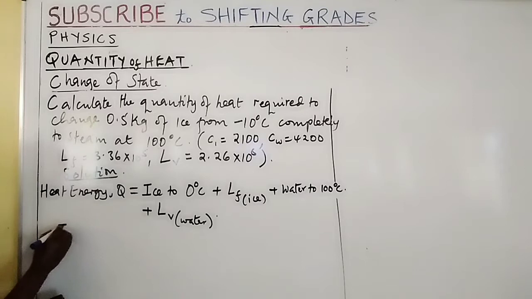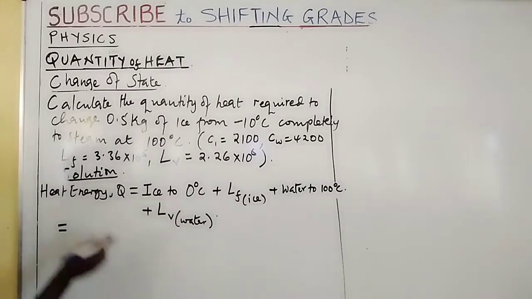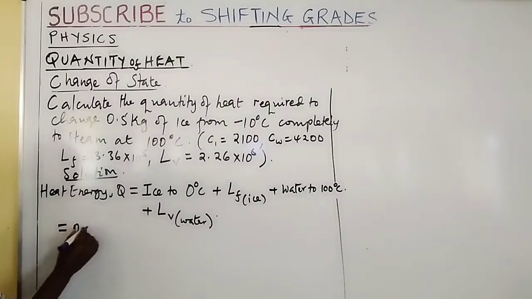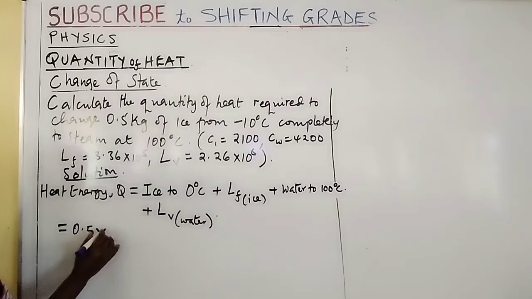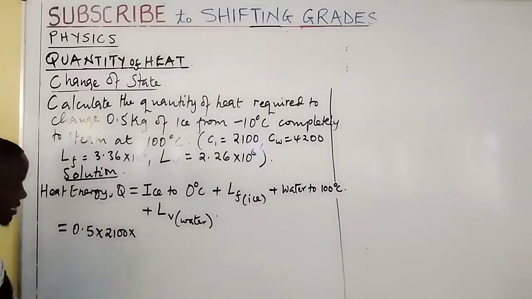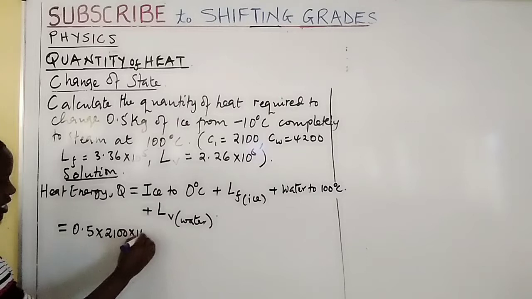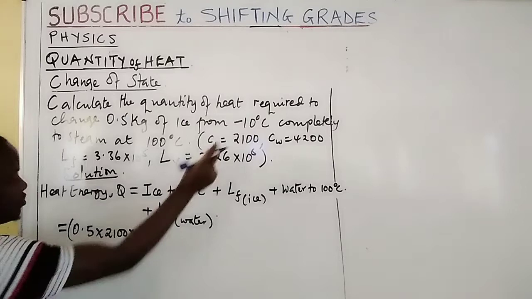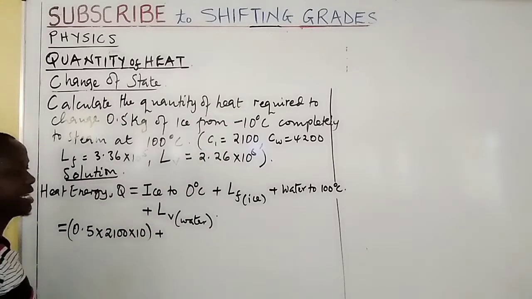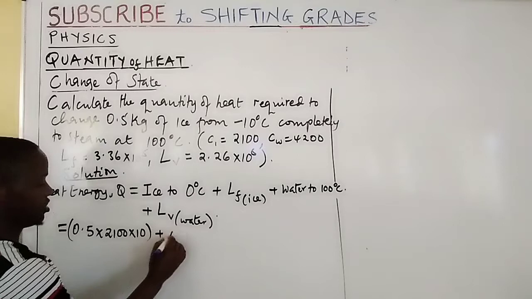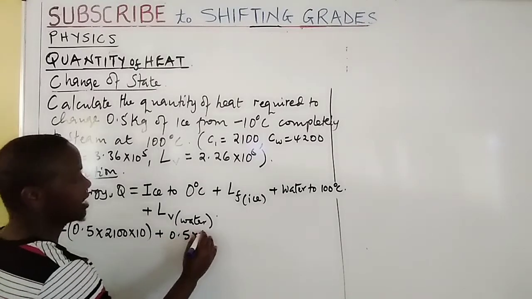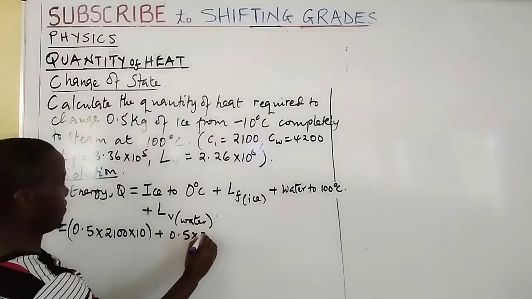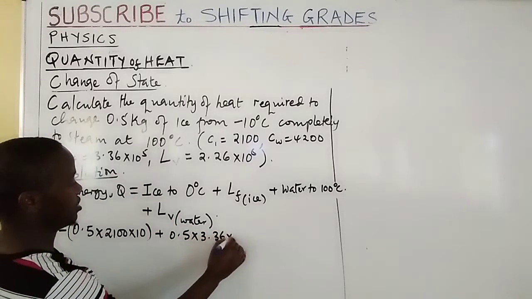Therefore, the total heat energy, to change ice from -10 to 0, will be 0.5 times the specific heat capacity of ice, 2100, times the change in temperature, which is 10, from -10 to 0, plus the latent heat of fusion of ice, so the mass 0.5 at constant temperature times the latent heat of fusion, 3.36 times 10 to the power of 5.